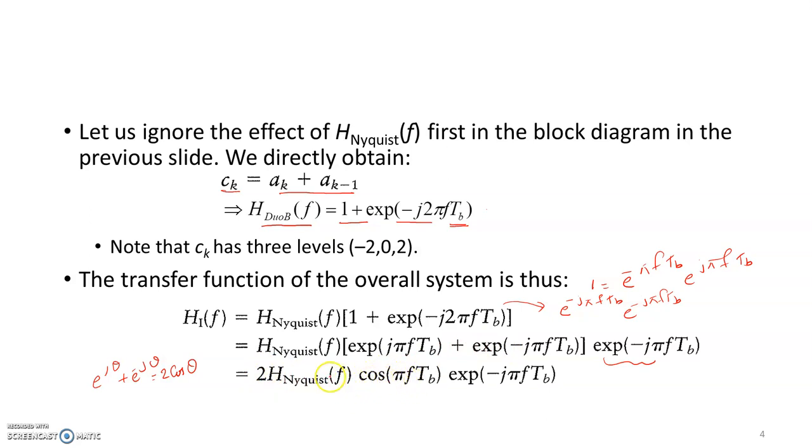So in this expression you have h Nyquist of f. H Nyquist is the ideal Nyquist channel. You know the response of the ideal Nyquist channel, so you can substitute h Nyquist in this expression.